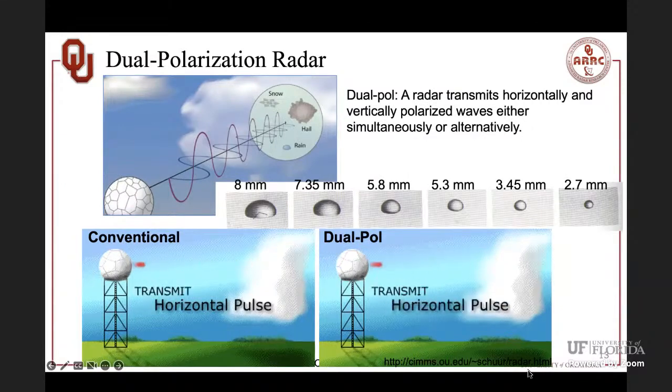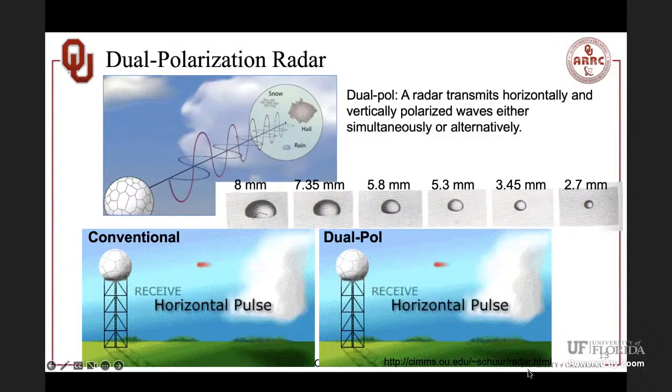If your electric field changes in a horizontal direction like this, and the wave propagation is like this, this is called horizontally polarized. So you're looking at the electric field. If the electric field changes in the vertical direction, that means it's vertically polarized. That's what horizontal and vertical polarization are, the electric field.